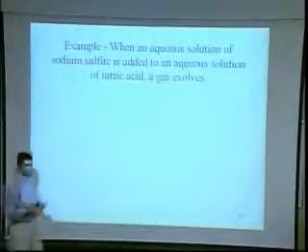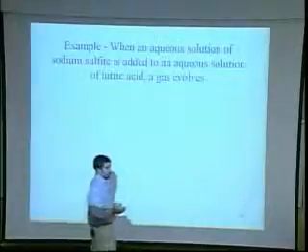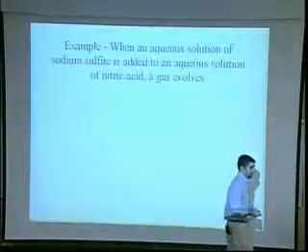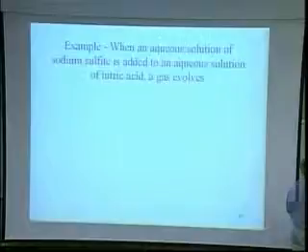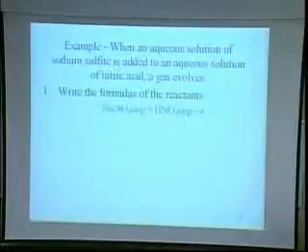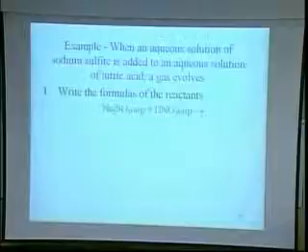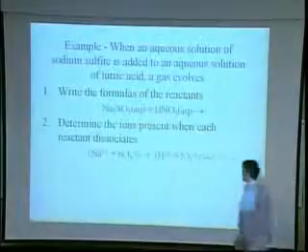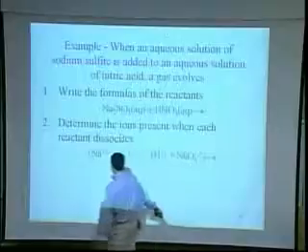Nitric acid is what? How do I write nitric acid? H what? HNO3. Good. So I've got that far. We're dealing with aqueous solutions. Now I have to figure out what I can recombine and form on the other side. So there are my ions, I've just separated them.